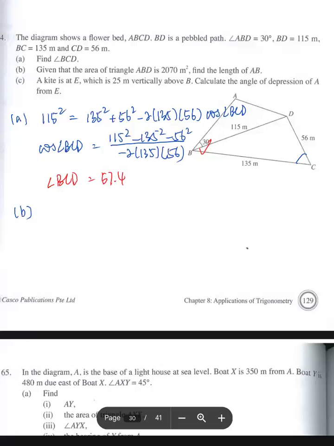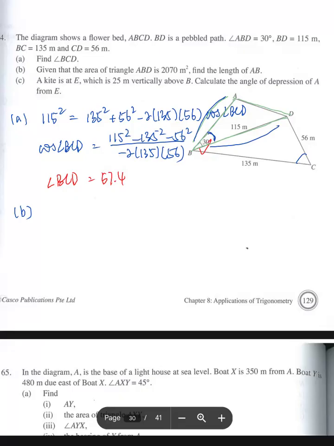Okay, then part B, given that the area of triangle ABD is 2070, ABD is here. Okay, I need to overlap a bit. Find the length of AB. So remember the sine rule we did last chapter. Okay, so I have 2 sides here, and sandwiched between these 2 sides is 30 degrees.